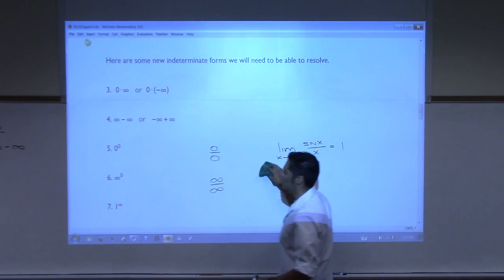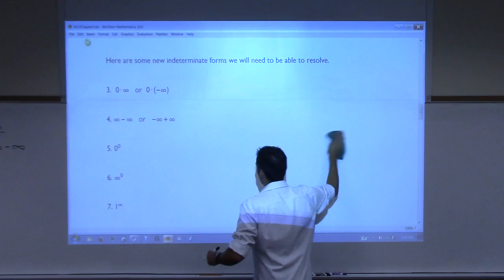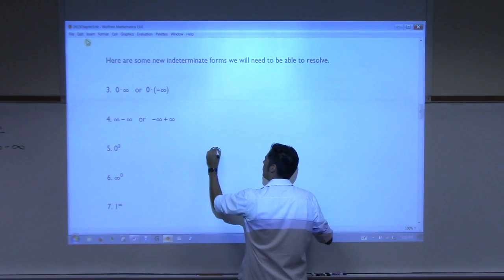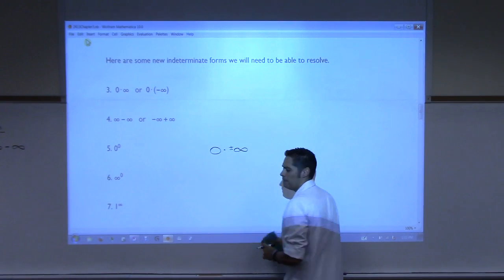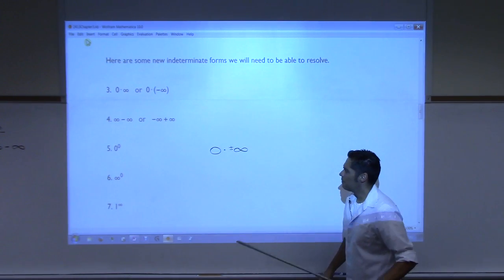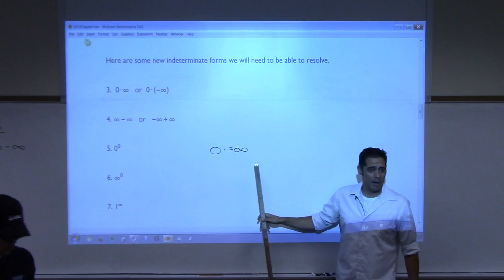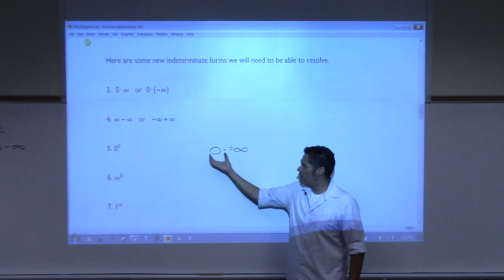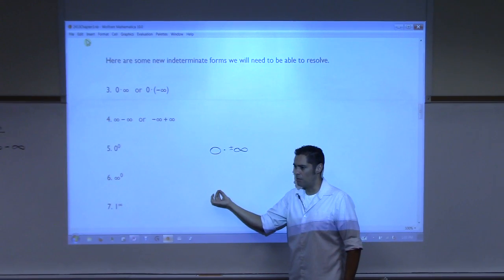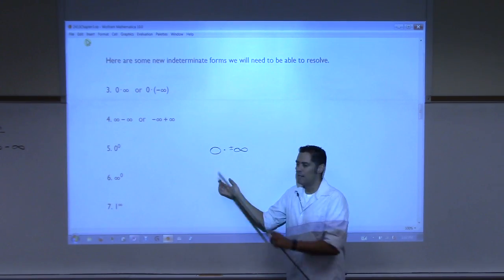So let's take a look at the next example, which is anytime we get something like 0 times infinity. And it doesn't matter if that's positive or negative. So what you have here is a product, right? You have a product. And one of these expressions is headed towards 0, right? Remember, this is in a limit.